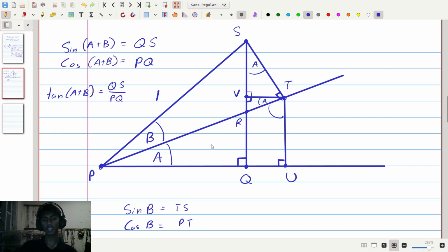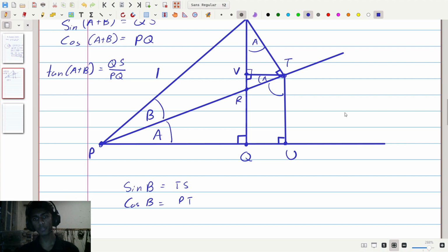Now we're going to do a little bit more geometric reasoning, considering the triangle PTU. In triangle PTU, we've just found out that the hypotenuse PT is cosine of B. Considering TU and PU, what is sine of A?